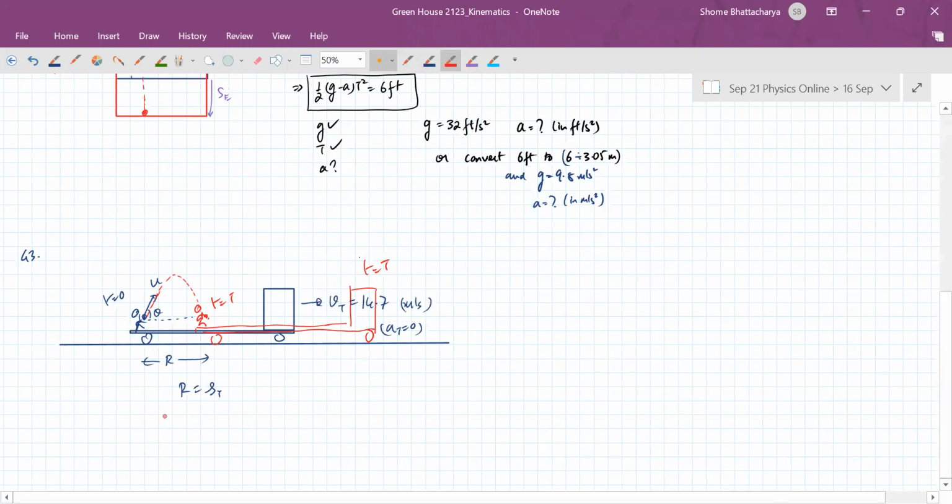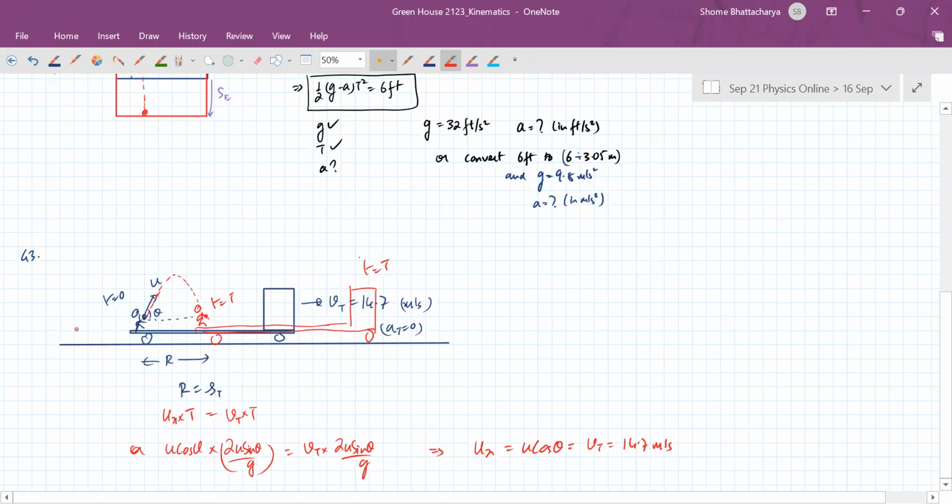So remember, range of the projectile is horizontal component into time, and this is velocity of the truck into time, or u cos theta into 2u sin theta by g should be equal to, so either we will understand that ux or u cos theta is equal to velocity of the truck, which is 14.7 meters per second.